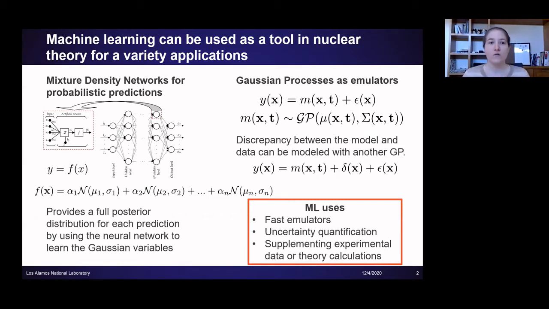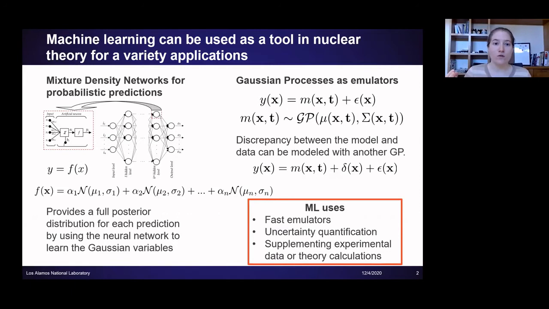And so there are two things that I want to focus on. The first one is this probabilistic machine learning algorithm that we've been working on, which is the mixture density network. As I'm sure you're all aware, with typical neural networks, the idea is that you have this non-linear function parameterization that is mapping an input to an output. What we do with the mixture density network is that instead of directly mapping input to output, we're describing our output as a sum of Gaussians.